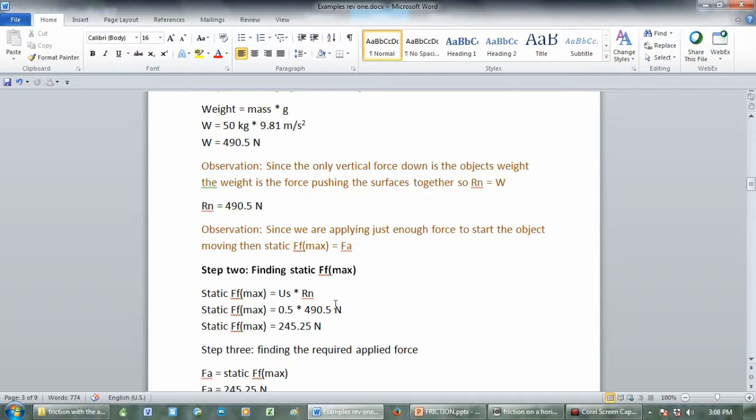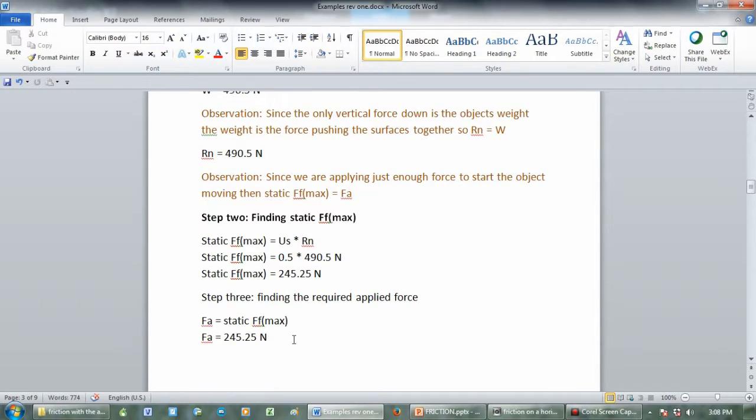Maximum static friction force equals 0.5 times 490.5 newtons. The maximum static friction force equals 245.25 newtons.